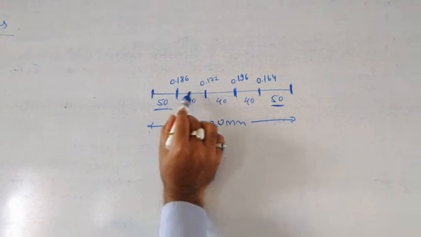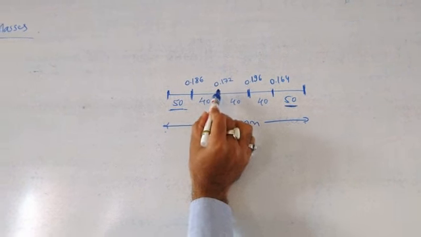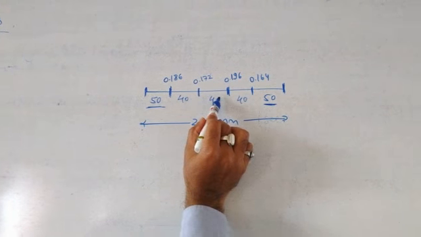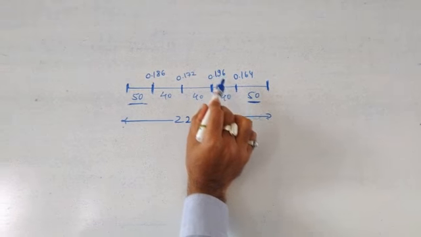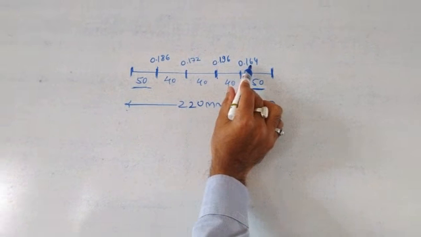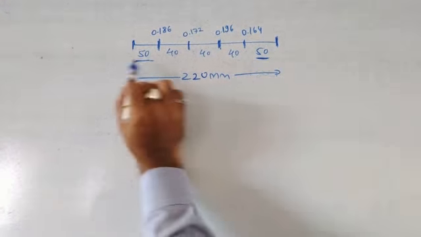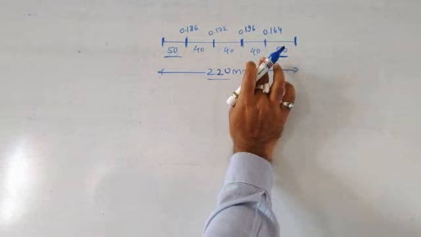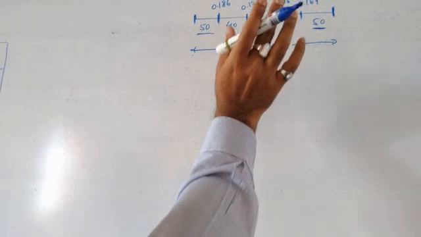From here we take a distance of 40 mm and place the second mass, 0.172 kg. We take another 40 mm and place the third mass, 0.196 kg. We take another 40 mm and place the fourth mass, 0.164 kg. The remaining distance will be 50 mm. If you add all this you get 220 mm. So masses are placed at constant distances between them.